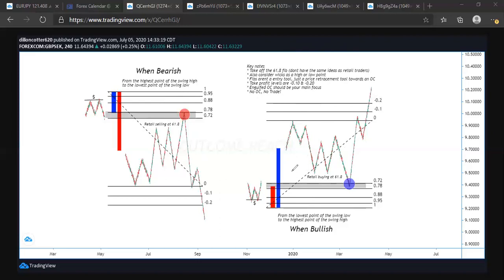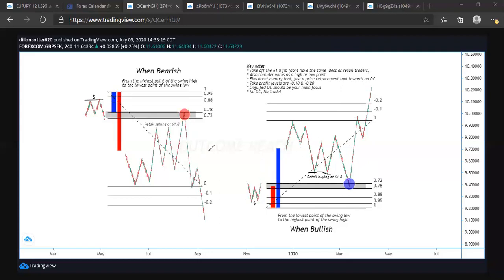So with that being said, this is why retail loses and doesn't understand the actual concept of a price retracement tool, because when price retraces into that 61.8, or as they say, that golden pocket area, they don't look for any other catalyst other than that.